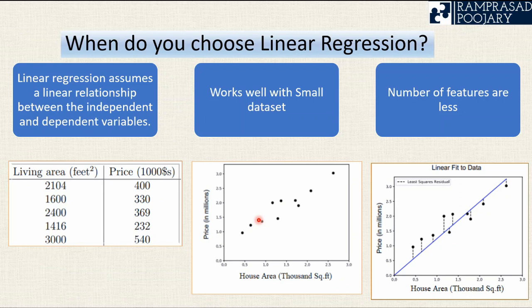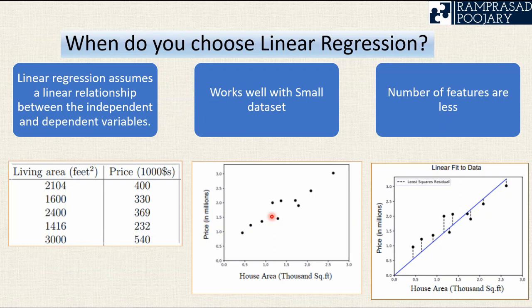So that is the condition. If x and y, the features and the target variable, have a linear relationship, I can go for it. Of course, other better regression algorithms are there, but linear regression is the simplest algorithm, with a minimal number of parameters, and easy to train. So if linear regression can be used, it is better to go for this algorithm rather than a complex algorithm.